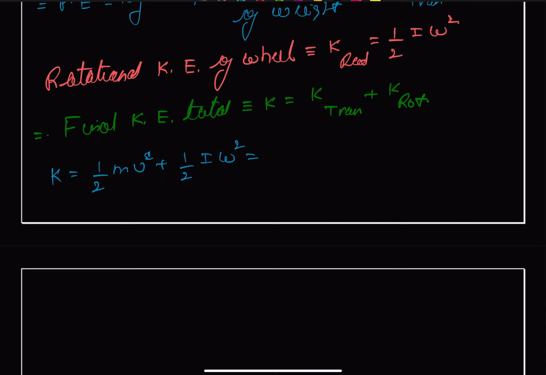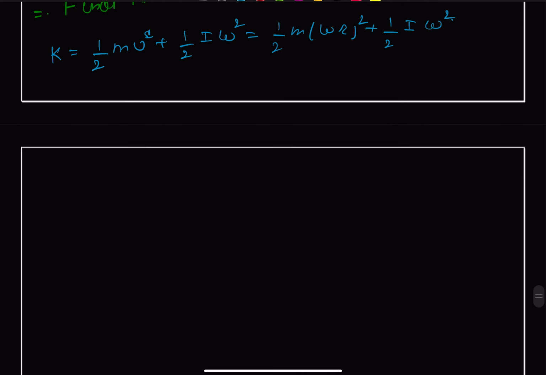The moment of inertia is I, so we keep it like that, and we substitute v equal to omega r, giving half m omega r whole square plus half I omega square. So K is equal to half omega square times (mr square plus I).